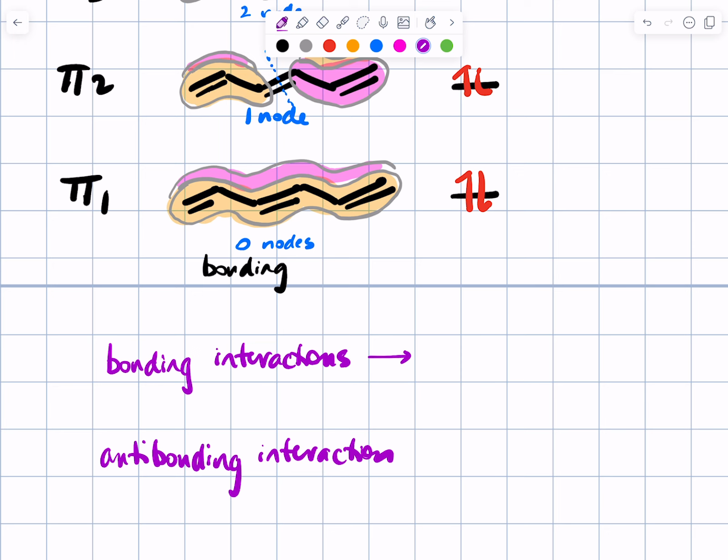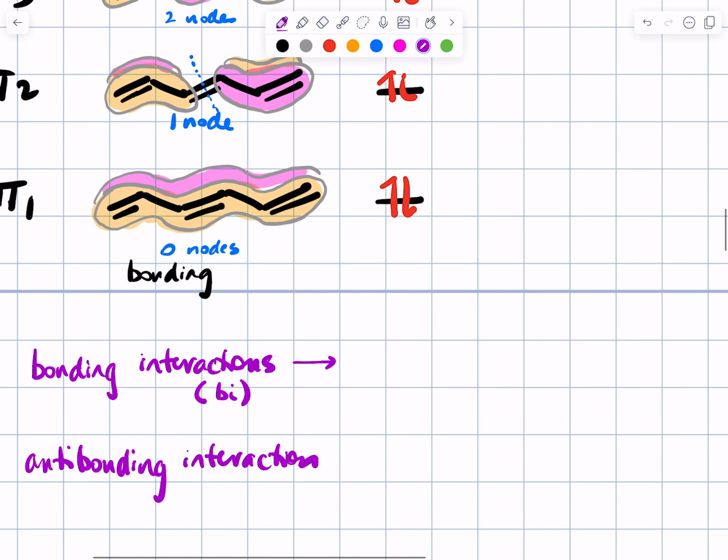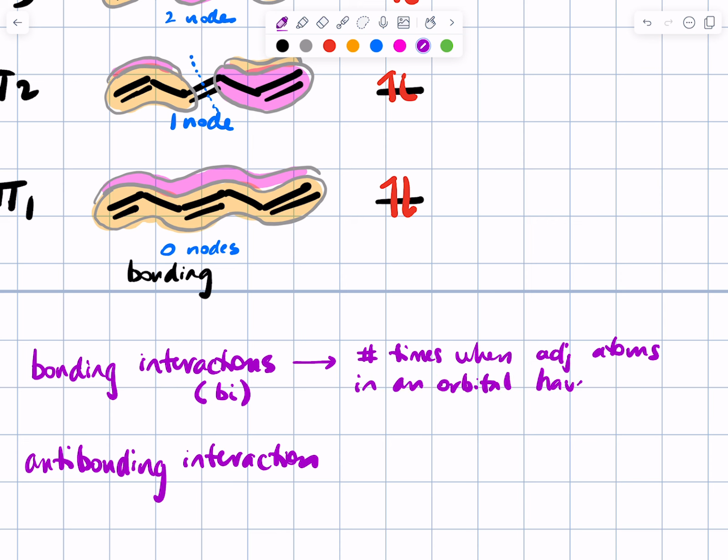I am defining a bonding interaction, which I'll abbreviate as BI, as the number of times when adjacent atoms in an orbital have the same wave function sign. In other words, if you look at an orbital and you look at adjacent atoms and they have the same color, then that is one bonding interaction.